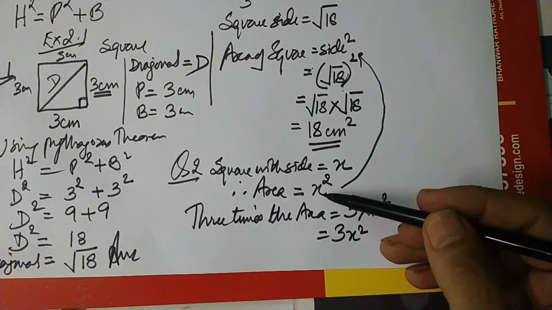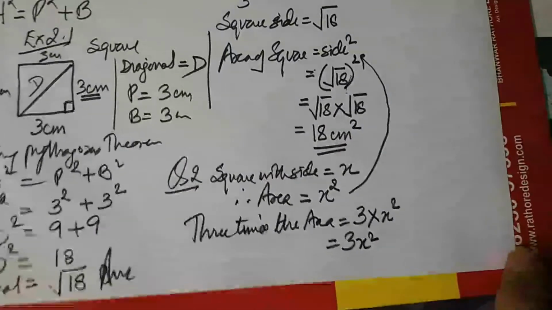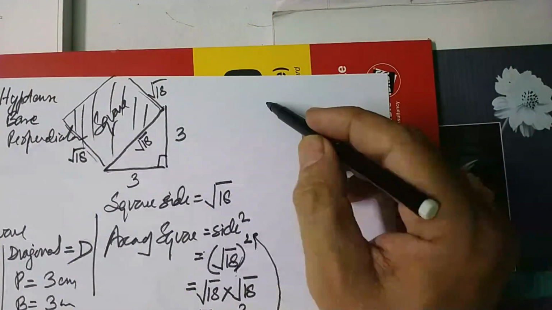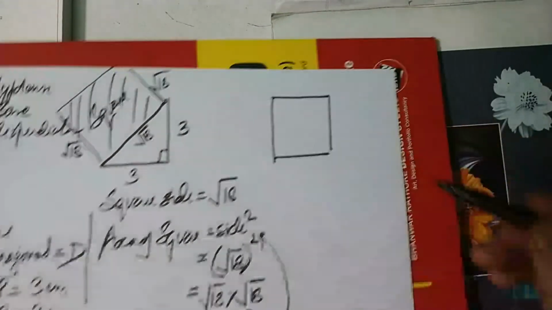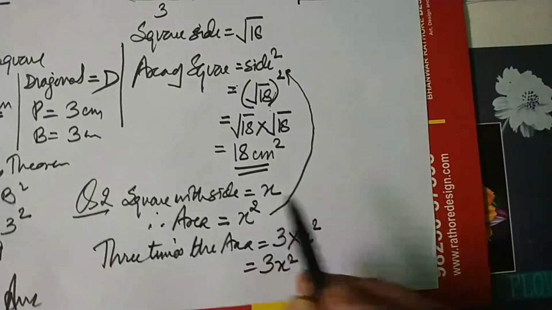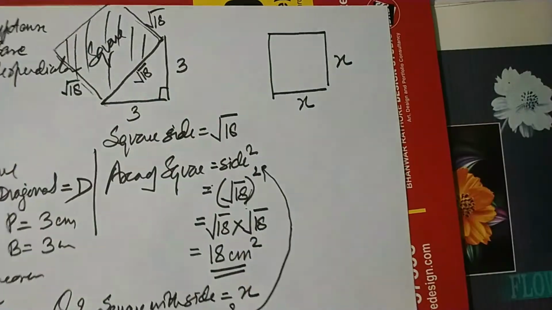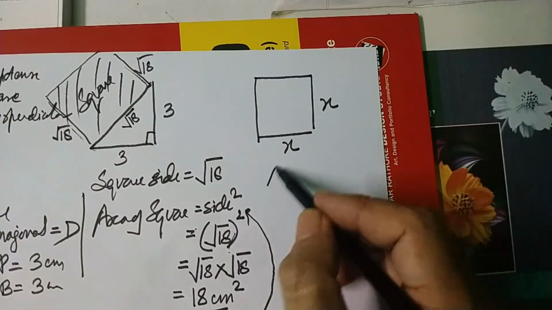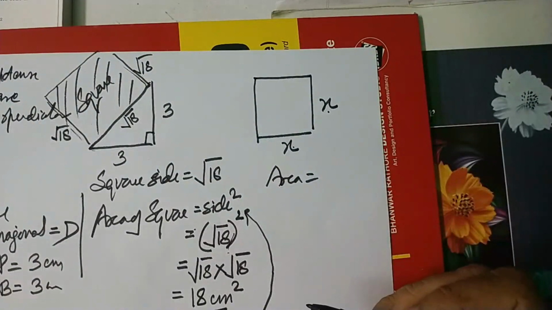So if there is a square and you have to make 3 times, is it possible or not? Now let's see. If there is a square whose side is, I have written, x. So let's see, if the side is x, now what will be its area? Its area will become x square.